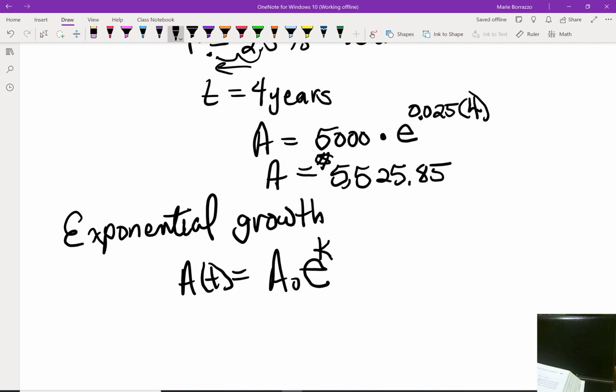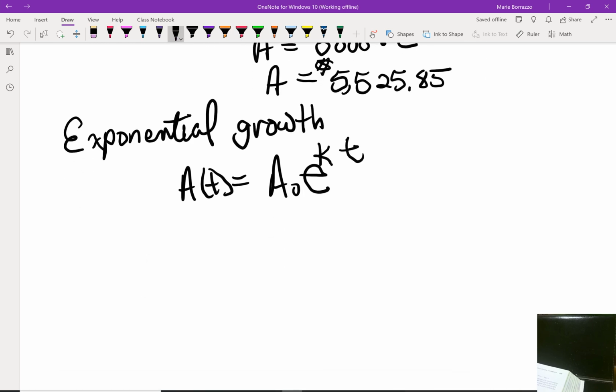If it's less than 0, it's decay. Keep that in mind.